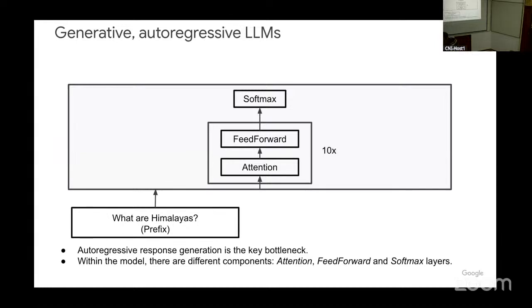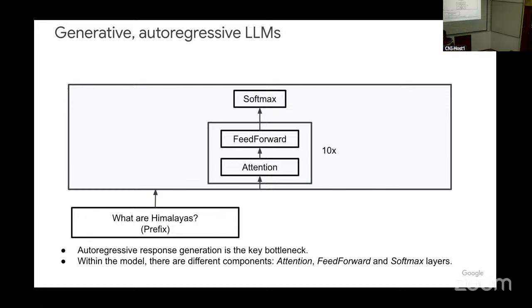Okay. So so far we have seen what a transformer consists of, which is basically these attention, feed forward, and embedding softmax layers. When we give an input or query to the model, let's say "what are Himalayas", the model is autoregressive. What that means is that it generates only one token at a time.